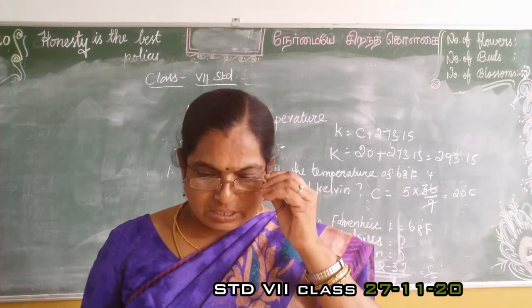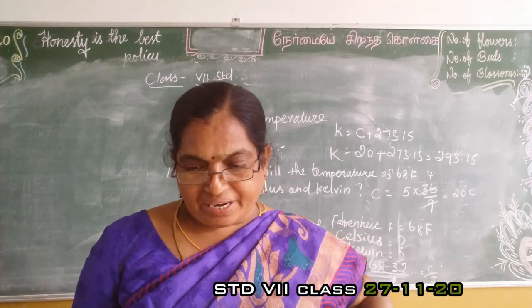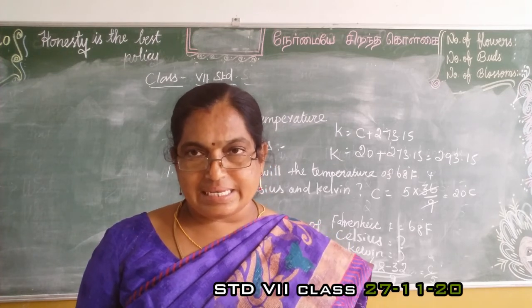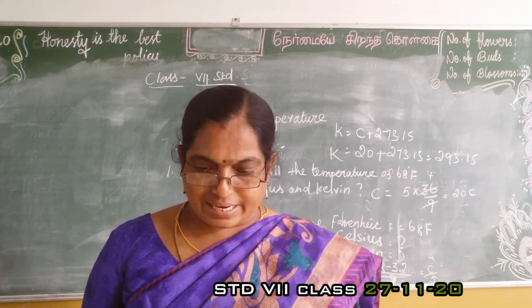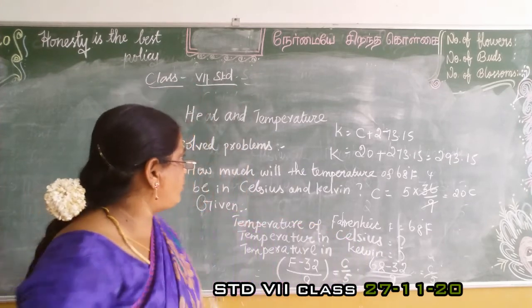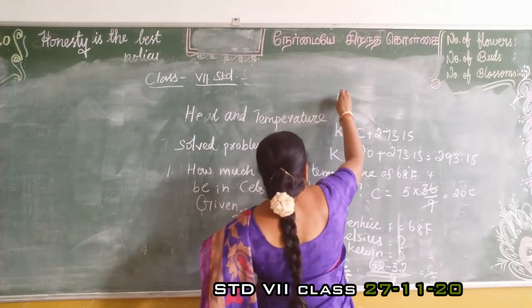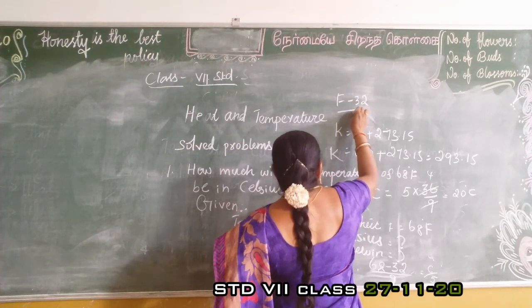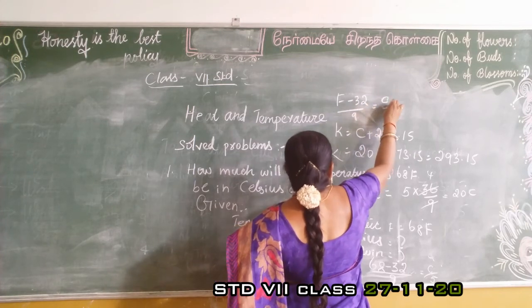Then another question. At what temperature will its value be the same in Celsius and Fahrenheit? For example, (F minus 32) divided by 9 is equal to C by 5.